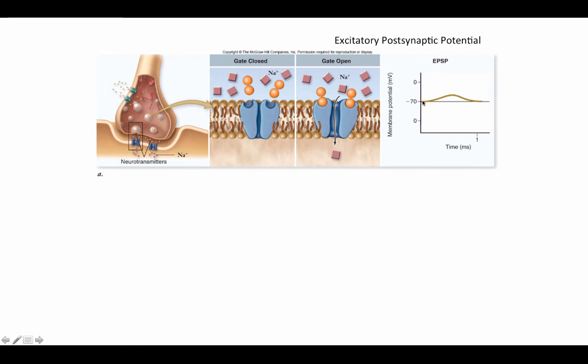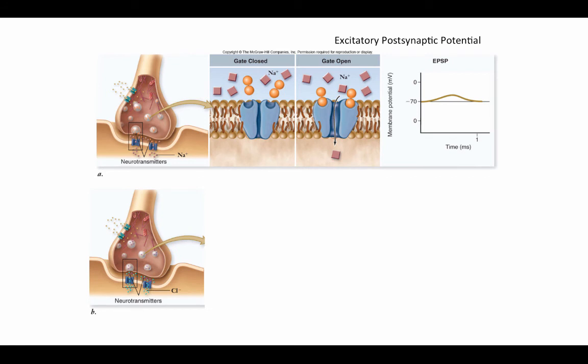And so from our resting potential of -70, we're going to see a little depolarization as a result of the activity of that neurotransmitter. And we call this an excitatory postsynaptic potential. So when it's depolarized, that means that it's going to make this postsynaptic neuron more likely to reach that threshold and fire an action potential.